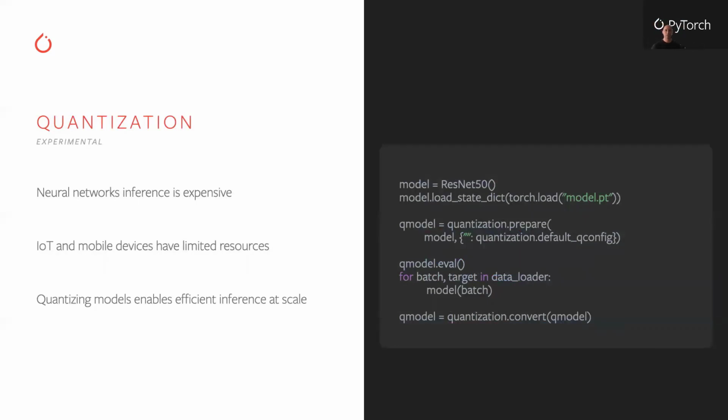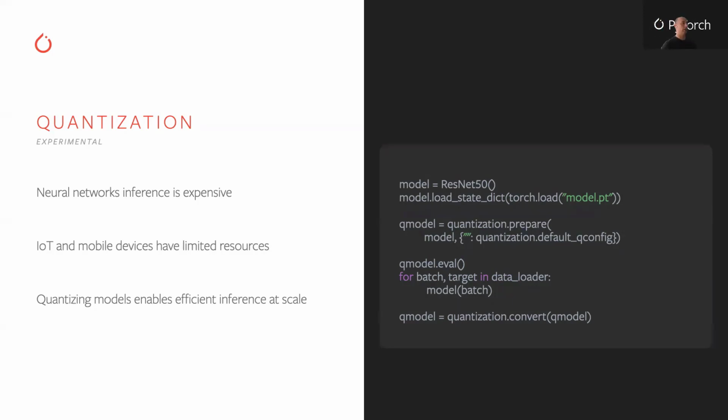That's why we don't really care about things like IEEE 754 compliance or double precision. This is actually an opportunity for us to reduce the precision of our computations and be able to run them on hardware that supports lower precision, so something like integer 8 computations.